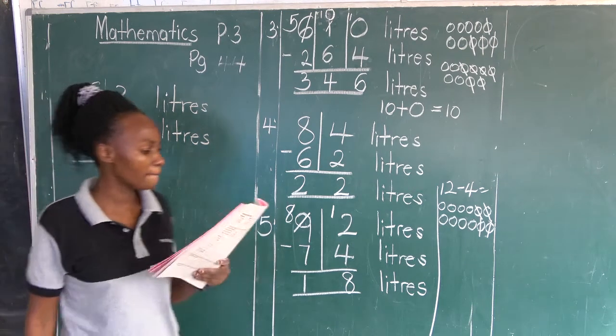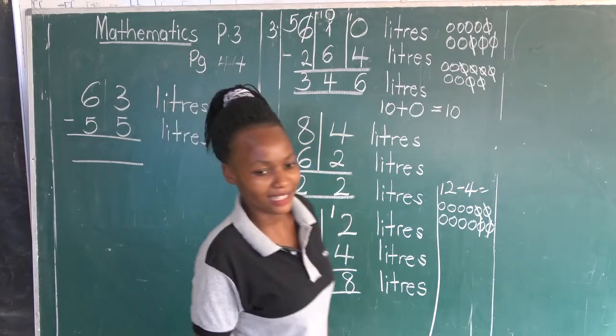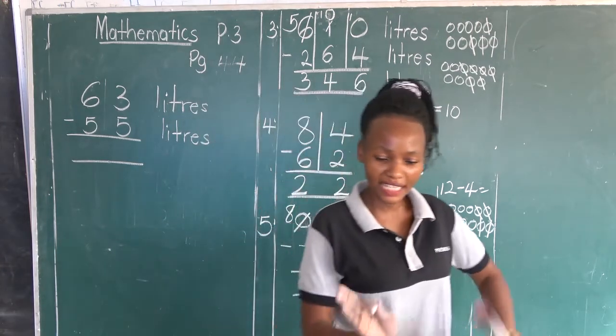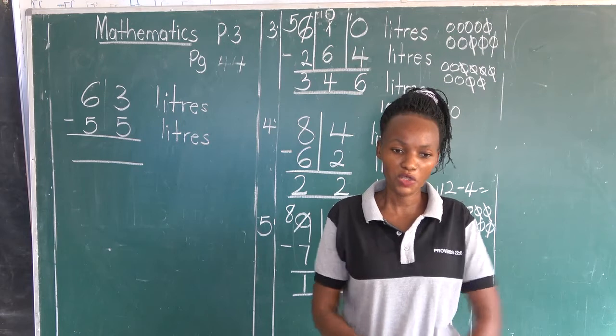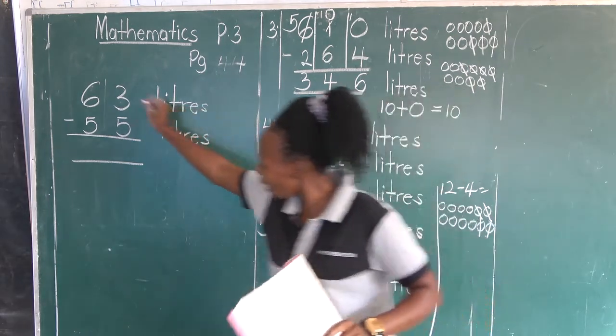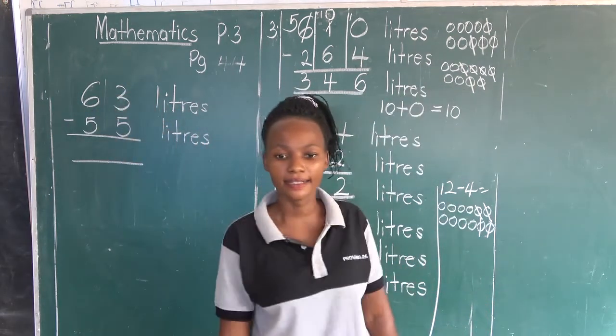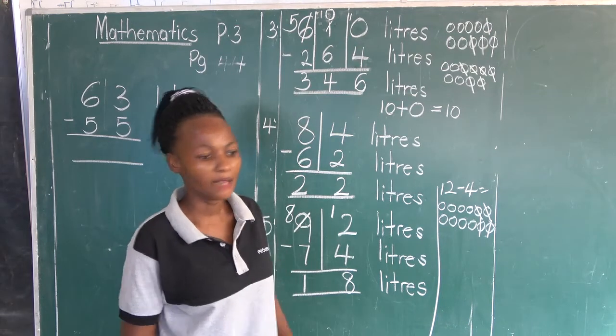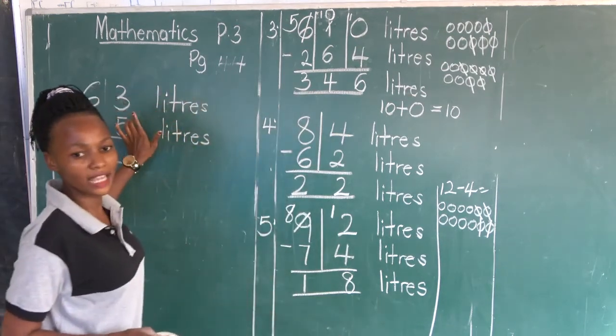Right. Number 6. Can you work it out for me? You work it out in your books. When you get the answer, you put up the hand. Let me not help you on this. First work it out for me.